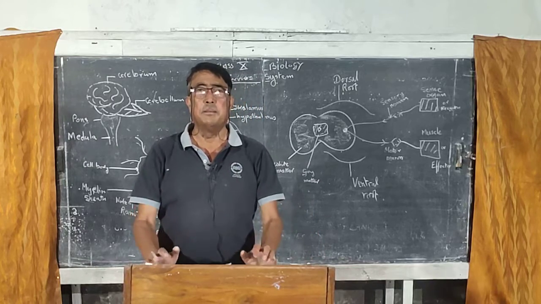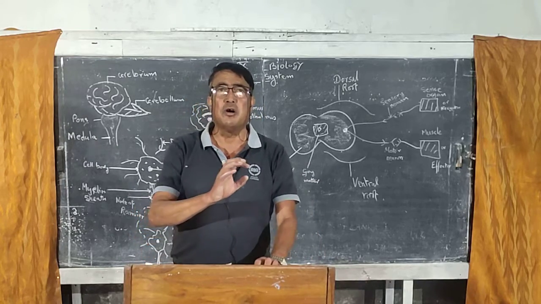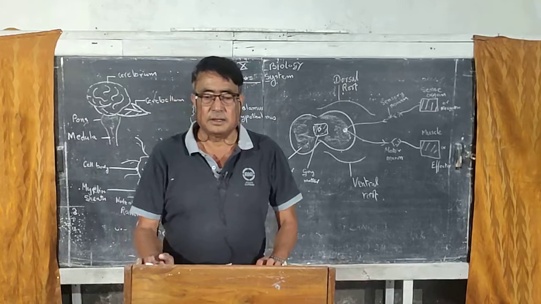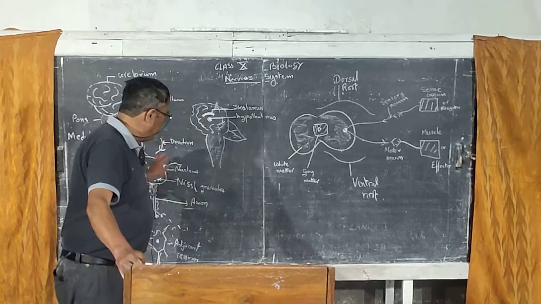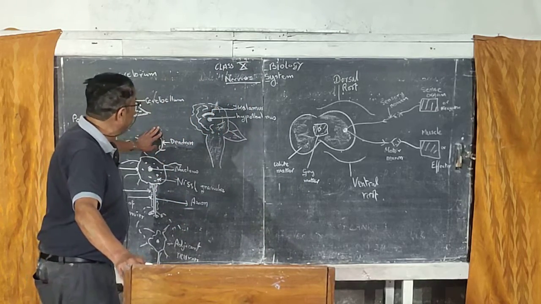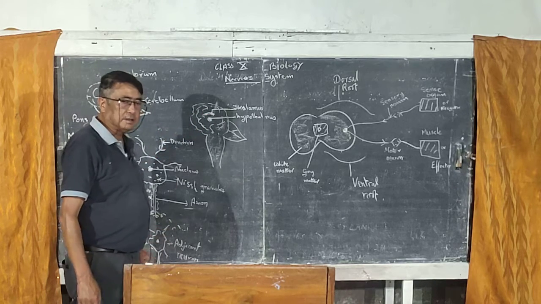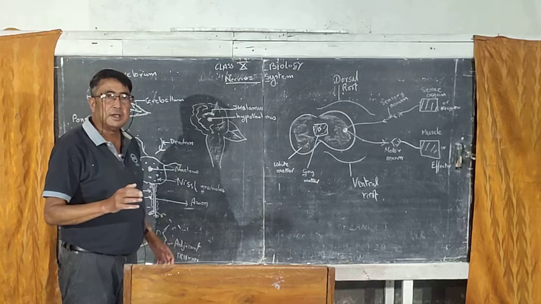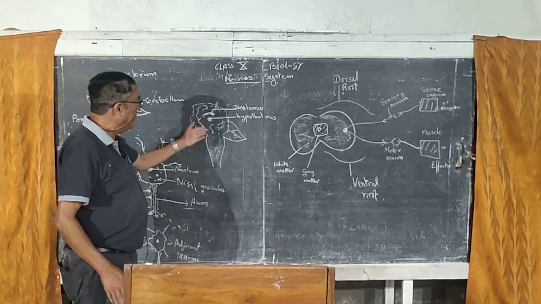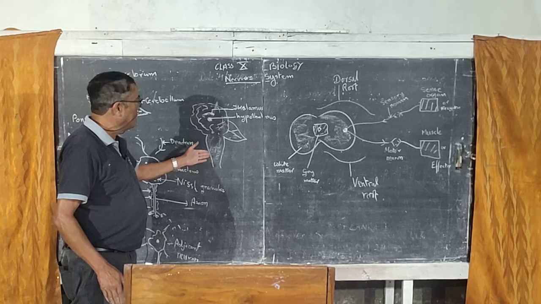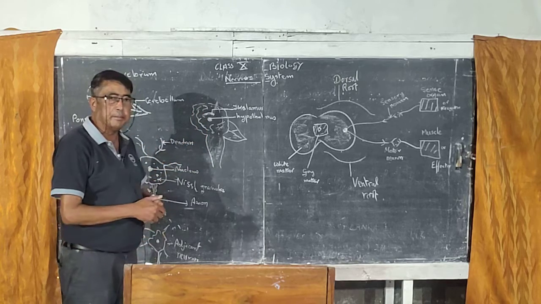Within the cerebrum, we find a structure called thalamus. If you see the longitudinal section of the brain, within the brain you find thalamus. It is a nerve sheath that controls the ingoing and outgoing impulses to and from the cerebrum.